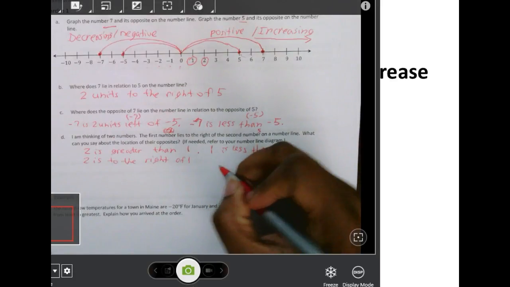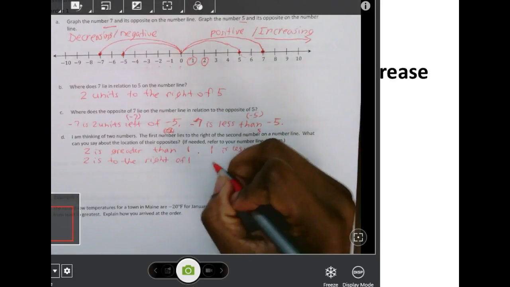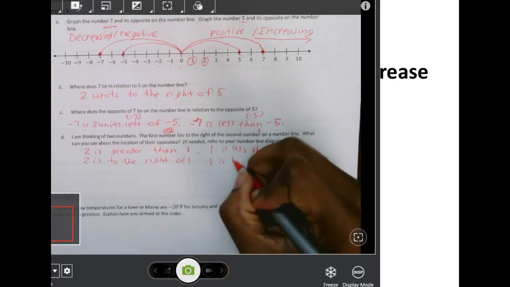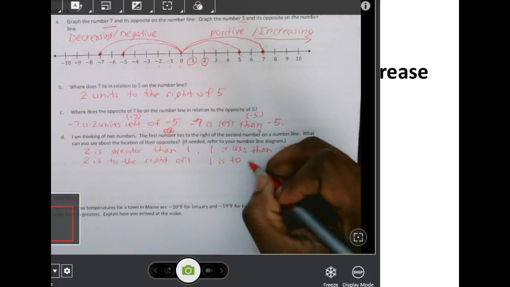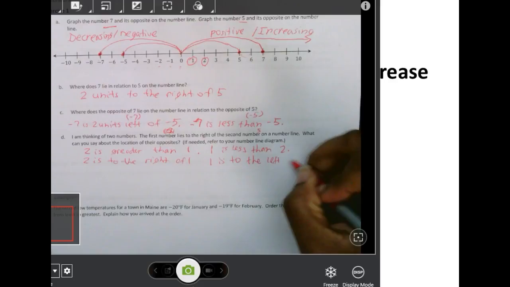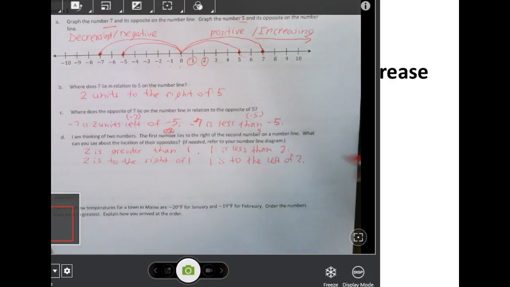And 1 is to the left of 2. So that's all for exercise 1. Let's move on to example 1.